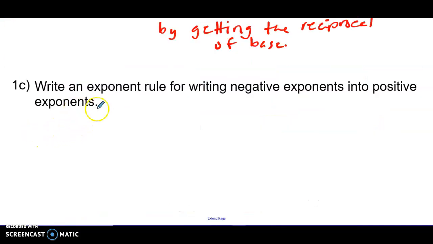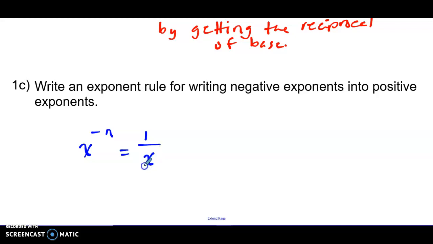Part C. Write an exponent rule for writing negative exponents as positive exponents. If we have a base, which is any number, with a negative exponent, we're going to rewrite that as 1 over the reciprocal.